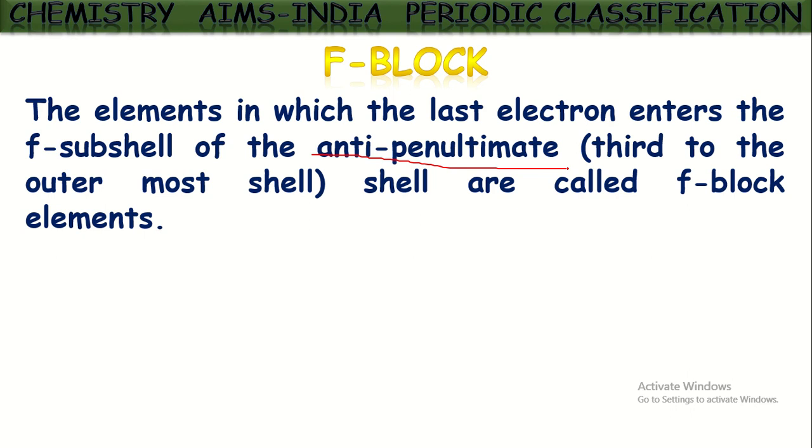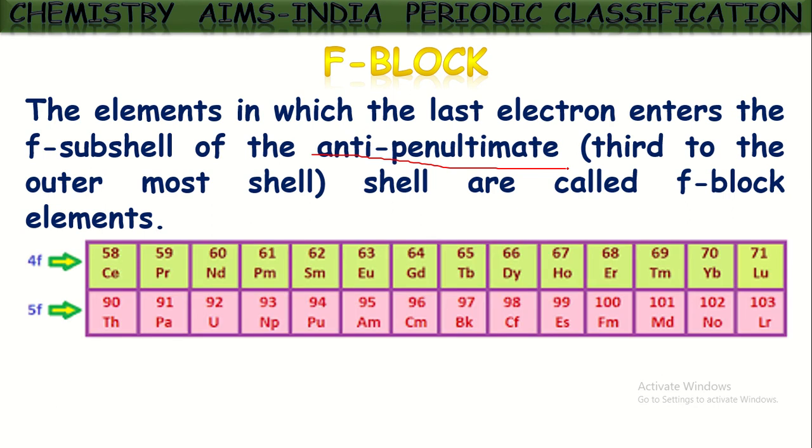Now the elements for which the differentiating electron enters the f subshell of the anti-penultimate shell are called f block elements. So these are the f block elements, situated at the bottom of the periodic table separately in two horizontal rows, isn't it? These are called f block elements.